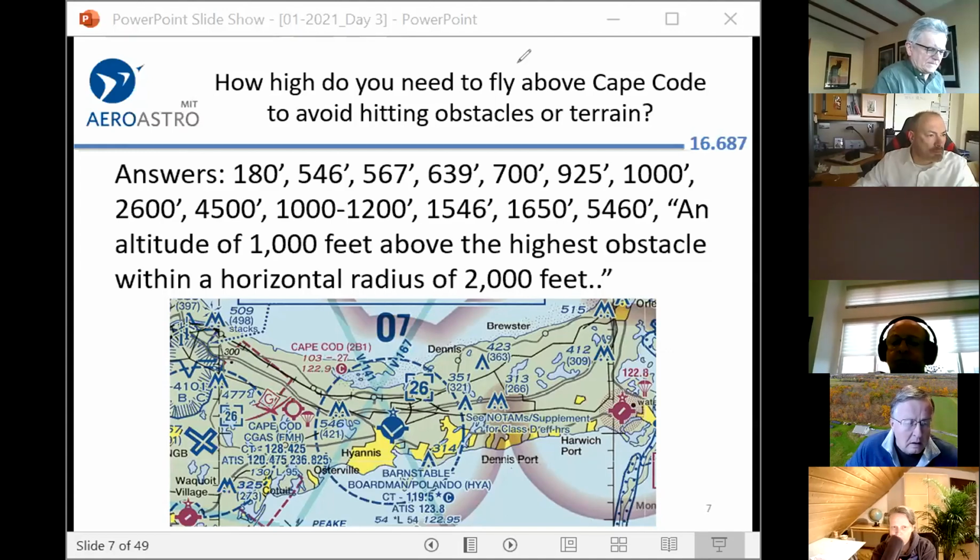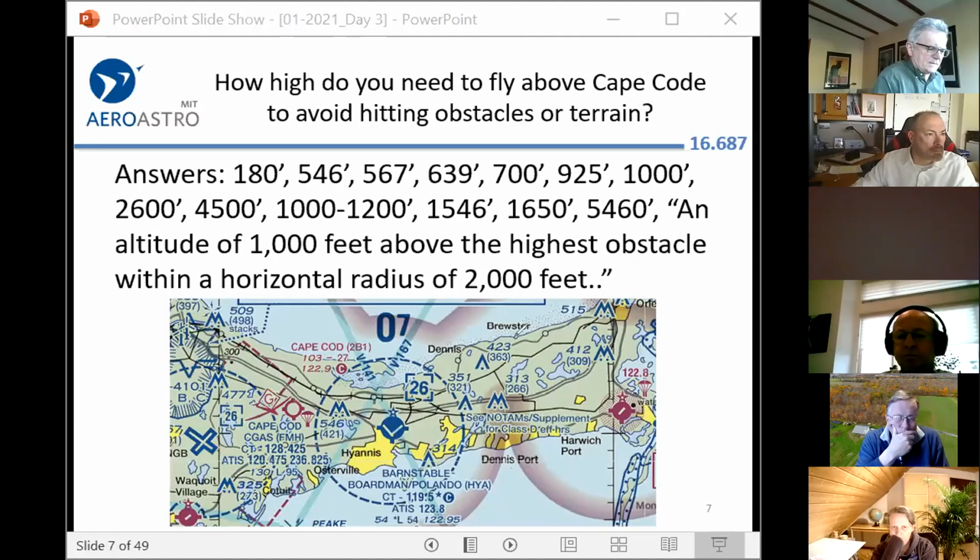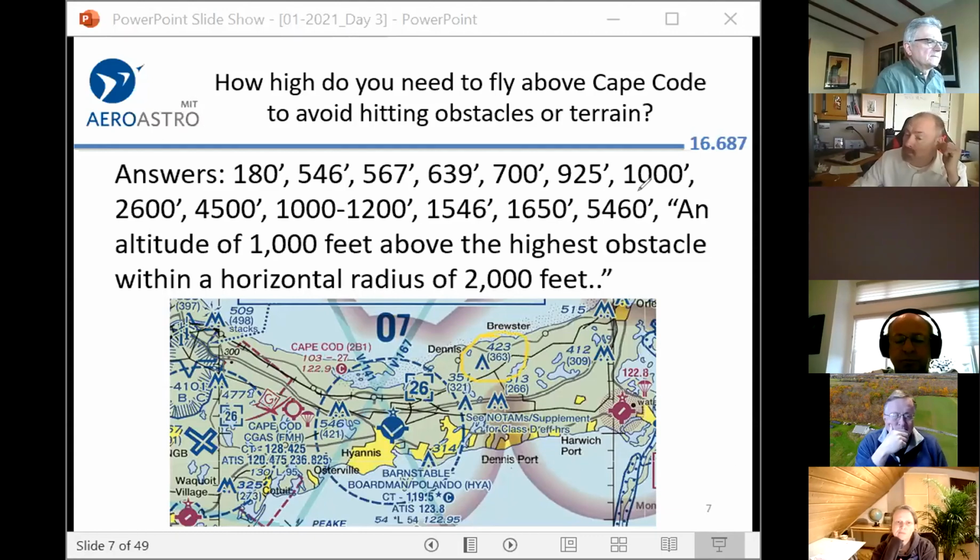What else can we see from this chart that's interesting? So I'll highlight one thing. You should have learned this, but just to clarify, if you look at a given obstacle, here's an obstacle that it's showing. I don't know if you can see that color. There are two numbers that are indicated. So you can see 423. That is the MSL.